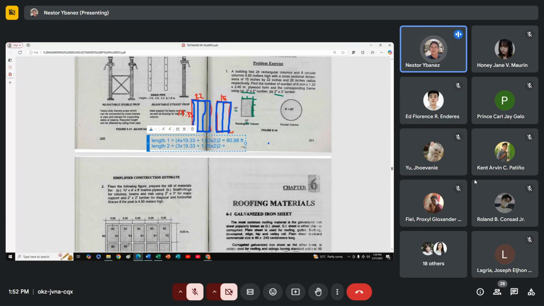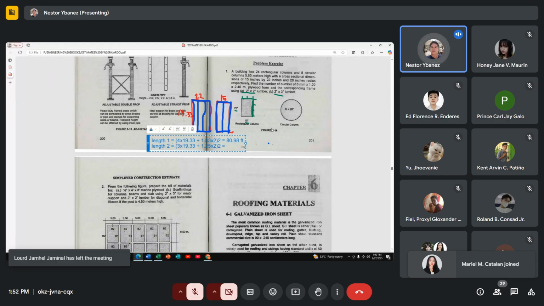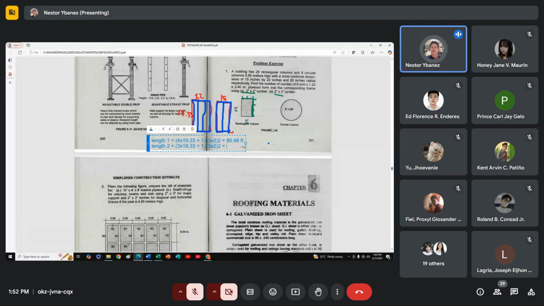So that is 3 times 19.33 plus 1.25 times 2 times 2, which gives 60.49, or 122.8.